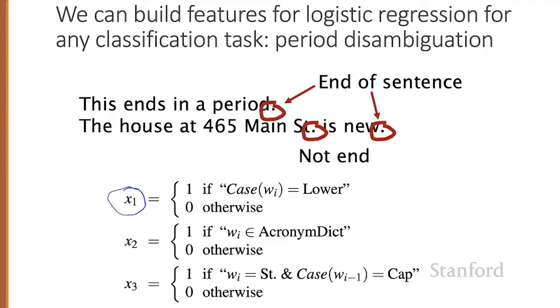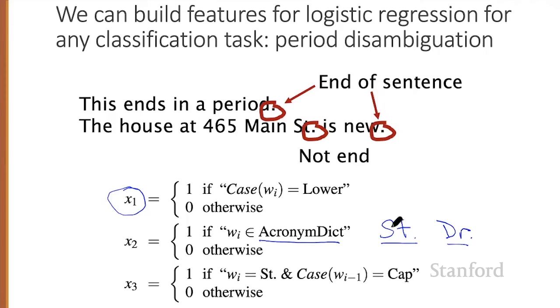Or perhaps that the current word is in our acronyms and abbreviations dictionary. So like maybe ST is in our acronyms, or DR for doctor or drive are in our acronym abbreviations dictionary. And now the weight might be negative because periods after acronyms are not likely to be end of sentence periods.